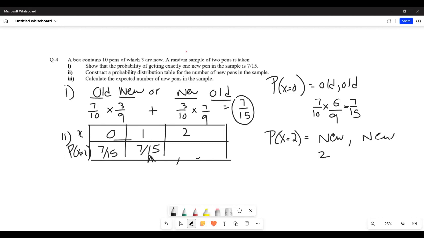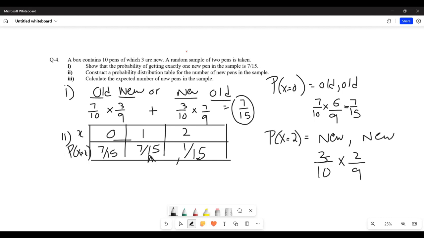So first the probability of getting a new pen would be 3 upon 10. And then the second probability of getting a new pen again would be 2 by 9, which gives 1 by 15. So we have constructed the probability distribution table.